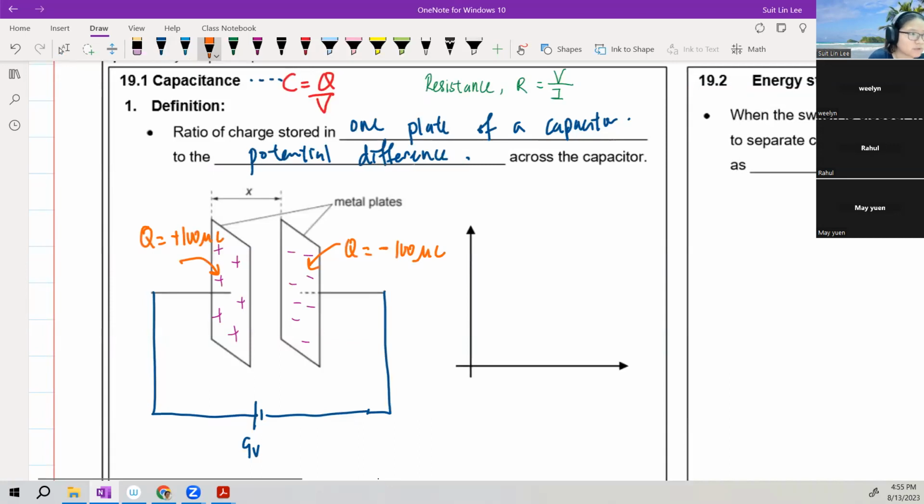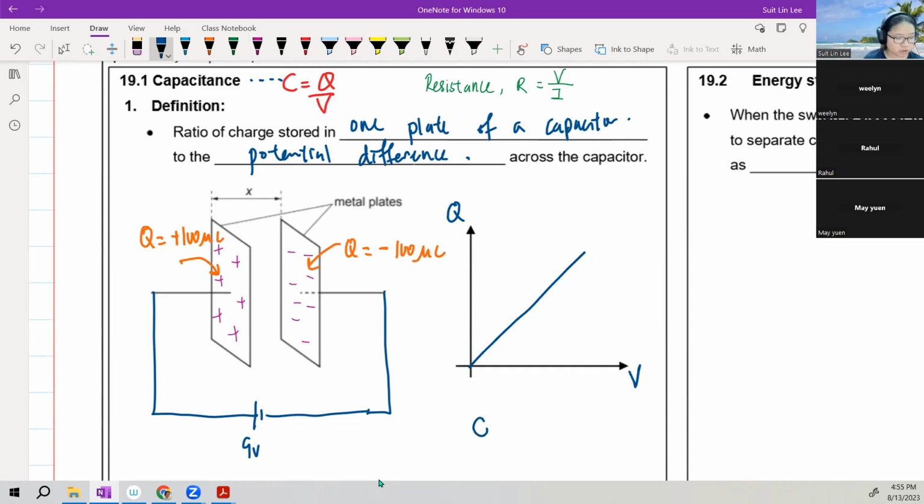And depending on how much potential difference I put, as long as the capacitor didn't burn within reason, I'm going to get a straight line passing through the origin. This is the graph of Q against V. So the more potential difference I apply, the more charges will move so that we can separate the charges between the positive and the negative plate.